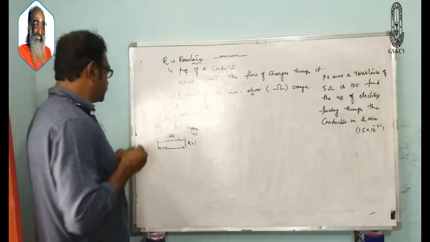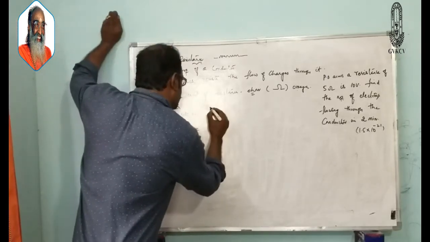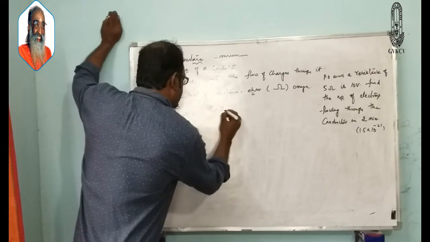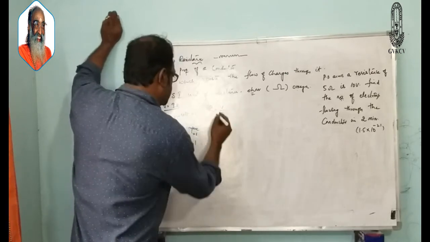We define it like this. Here, from R is equal to V by I, you can define resistance like this also. It is a ratio, isn't it?